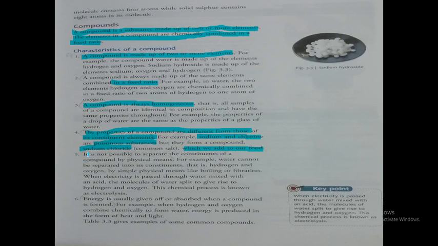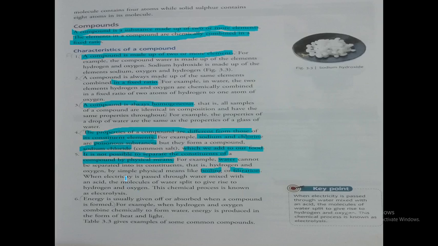Next, it is not possible to separate the constituents of compounds by physical means. I have given you the example of water. Physical means by which water can be separated are boiling and filtration. If you boil water, do you get hydrogen and oxygen separately?